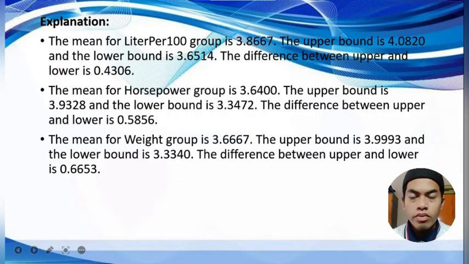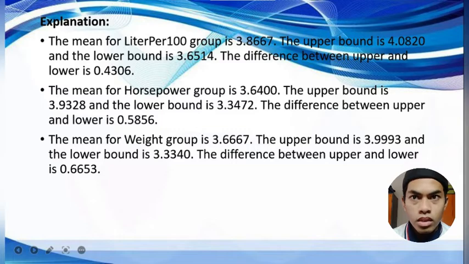Explanation. The mean for the liter per 100 group is 3.8667. The upper bound is 4.0820 and the lower bound is 3.6514. The difference between upper and lower is 0.4306. The mean for the horsepower group is 3.6400.